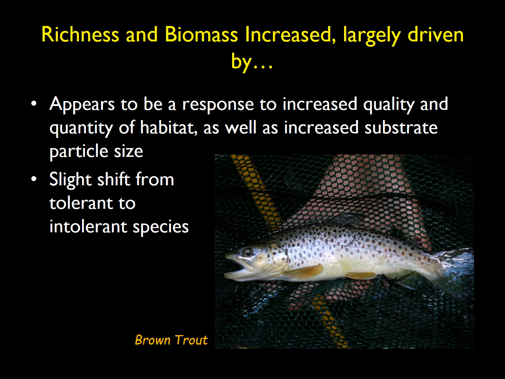The authors argue that this was due to a response in increased quality and quantity of habitat for these species, as well as increased substrate particle size post-restoration. They also showed a slight shift from tolerant species, those that are able to hang out in the presence of habitat degradation, and then shifting toward intolerant species, those that aren't able to survive when degradation is going on.